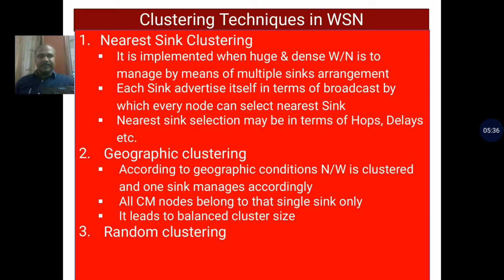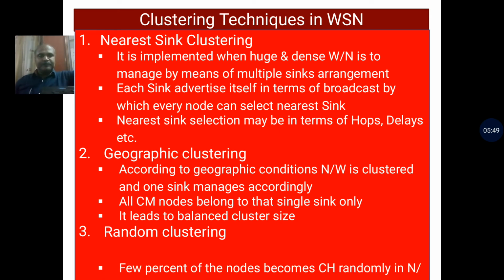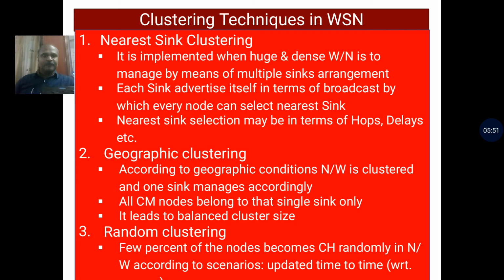Random clustering. In this case, any cluster member can take the role of cluster head according to the requirement. A few percent of the nodes become cluster head randomly in the network according to the scenario, updated from time to time, nothing but according to the schedule.